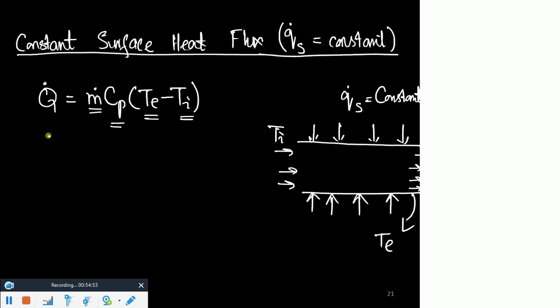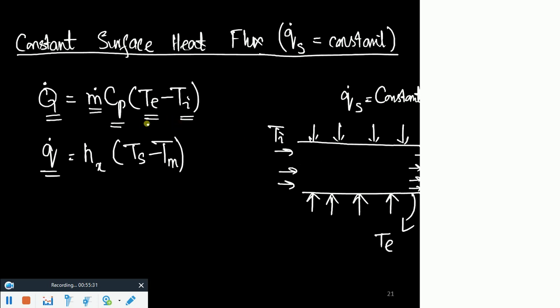Now, if this is happening due to convection, how can I write down this Q dot? I can write it as h, although hx remains the same for the thermally fully developed region, Ts minus, let's say, Tm. These are the two things. So this is the heat which the fluid has acquired in case of heating, or lost while going from inlet to the exit.